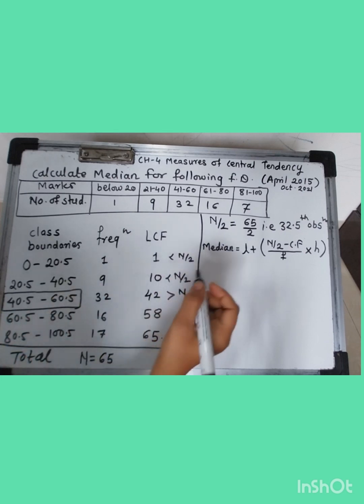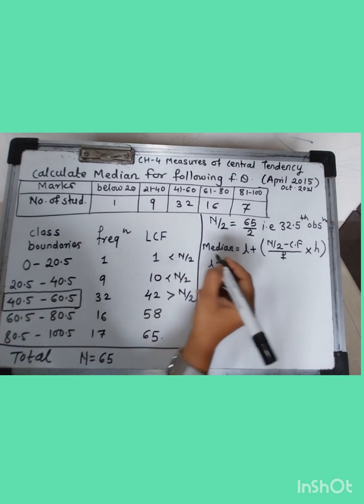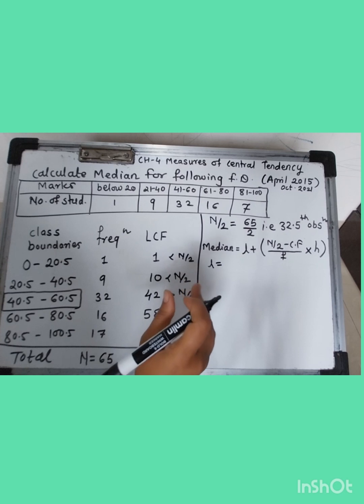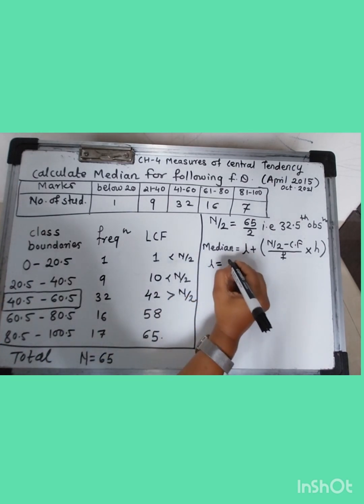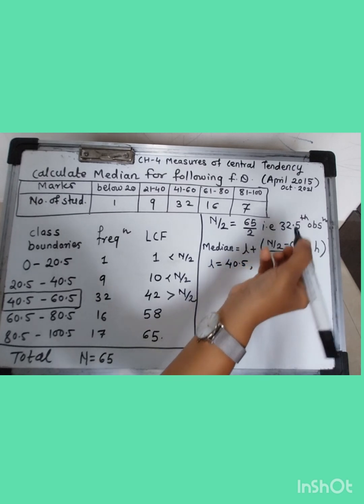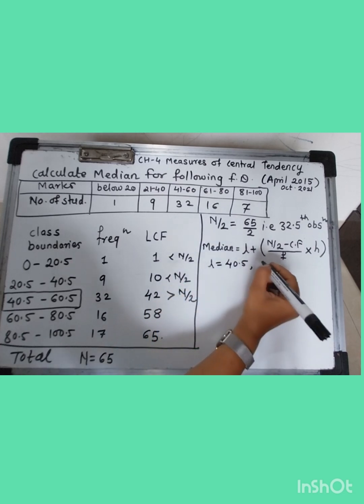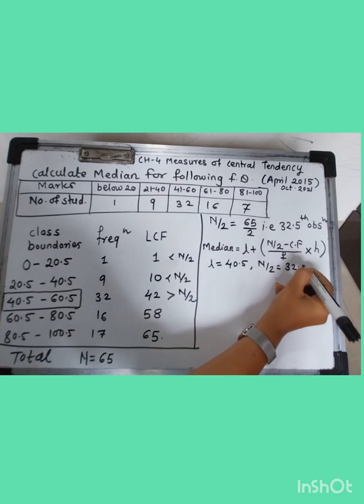Okay. So what is L? L is the lower boundary of the median class. This is my median class. So lower boundary. What is the lower boundary here? 40.5. So L is 40.5. Next, n by 2. N by 2 is what? 32.5.